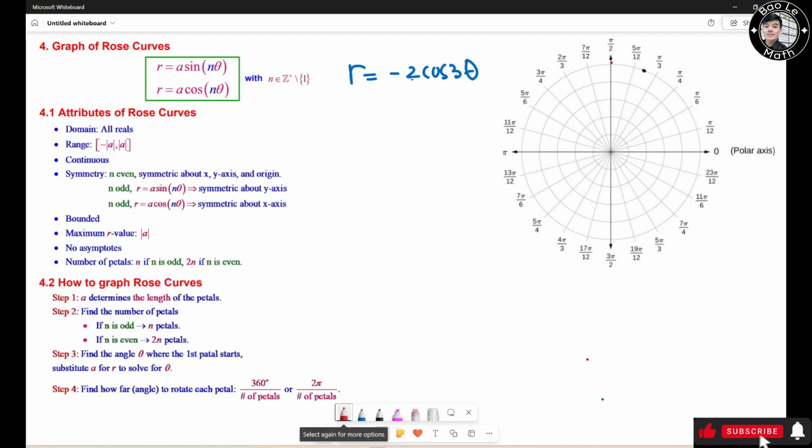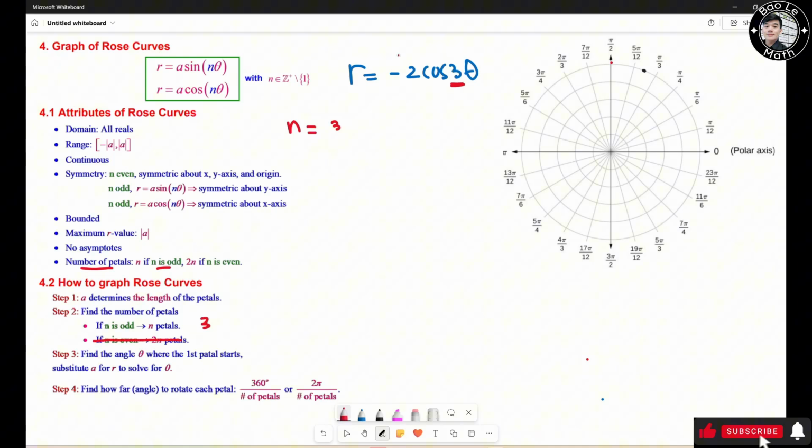Now let's move on to the second example. r equals -2 cosine 3 theta. So observe that n equals 3. So n equals 3 tells us that n is odd. So the number of petals should be 3. It's exactly right here. So the number of petals right here equals 3 because n is odd. So we ignore this guy right here.